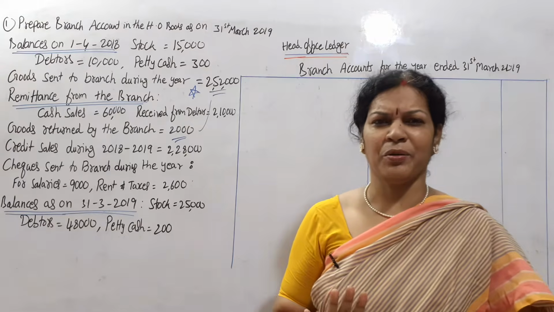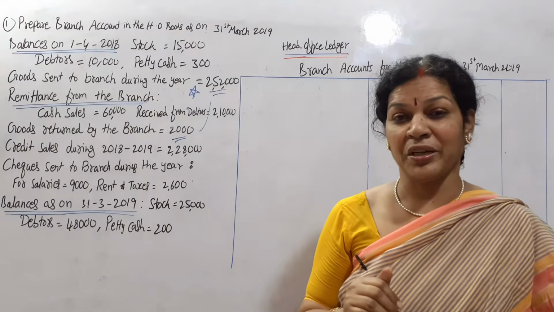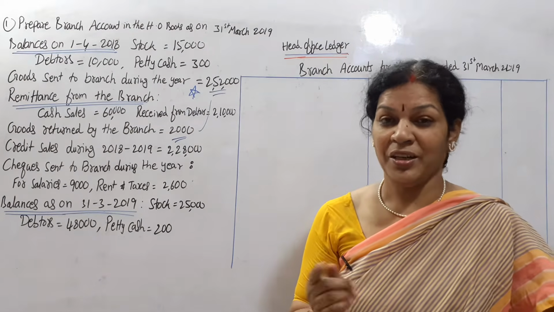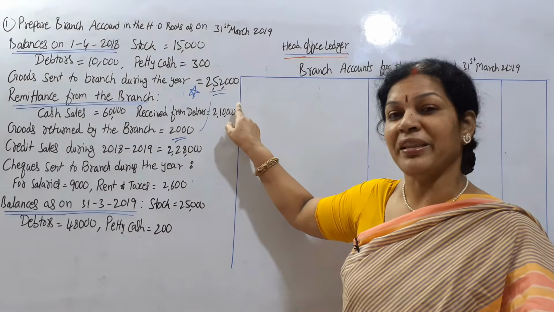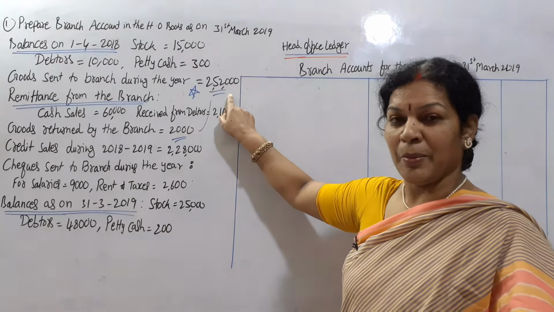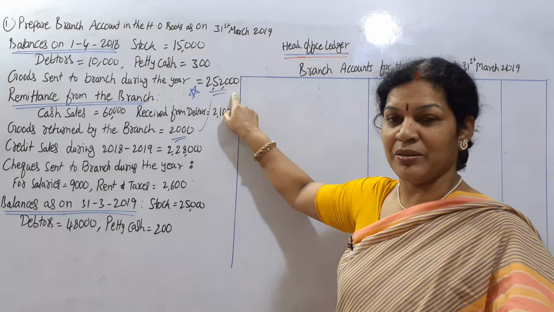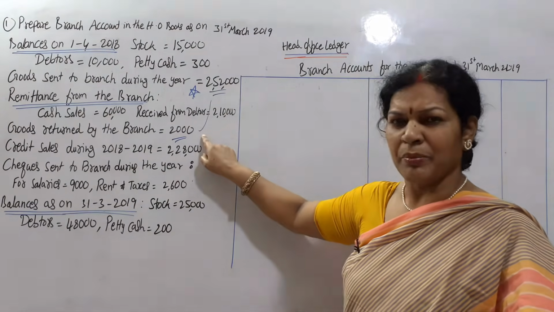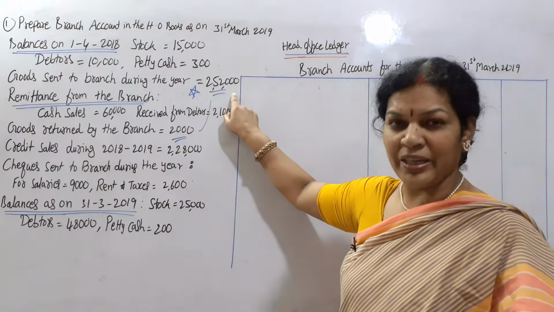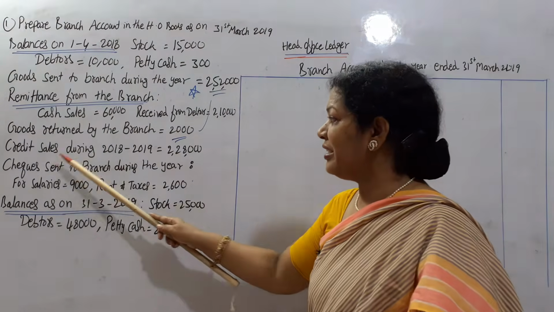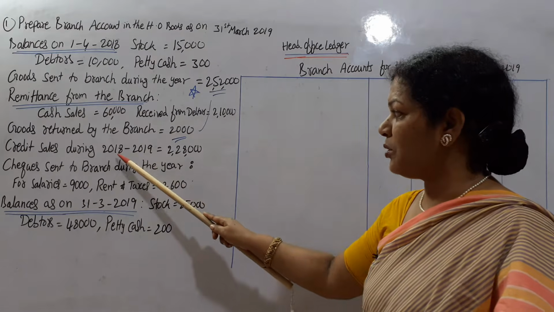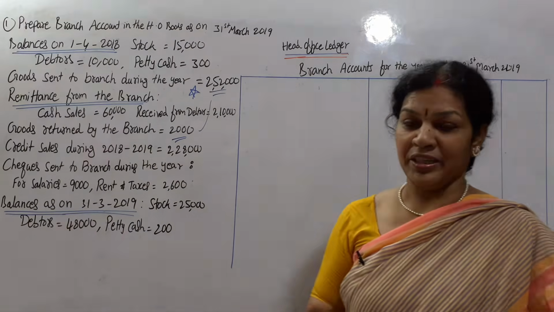Just like in final accounts, purchases we write on the debit side of trading account, purchase returns will be deducted in the same way. Goods sent by the head office is this much, but when the branch office received them, they returned 2,000. Means they have 2,50,000 only. 2,000 returned, right?